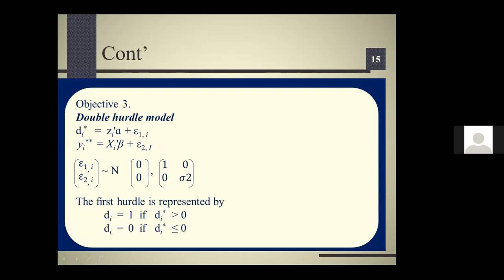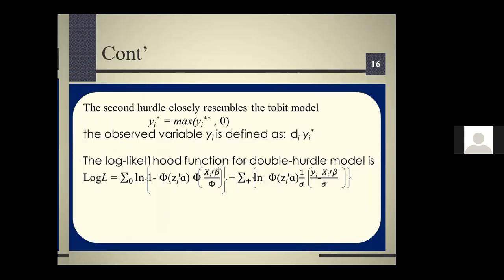These first 2 equations are simply showing us the 2 hurdles that the household will go through, and eventually we'll be able to look at the full specification of this model when we run it, to help us identify which factors are more likely to enable the household to keep using clean fuels without thinking of falling back to use unclean fuels.